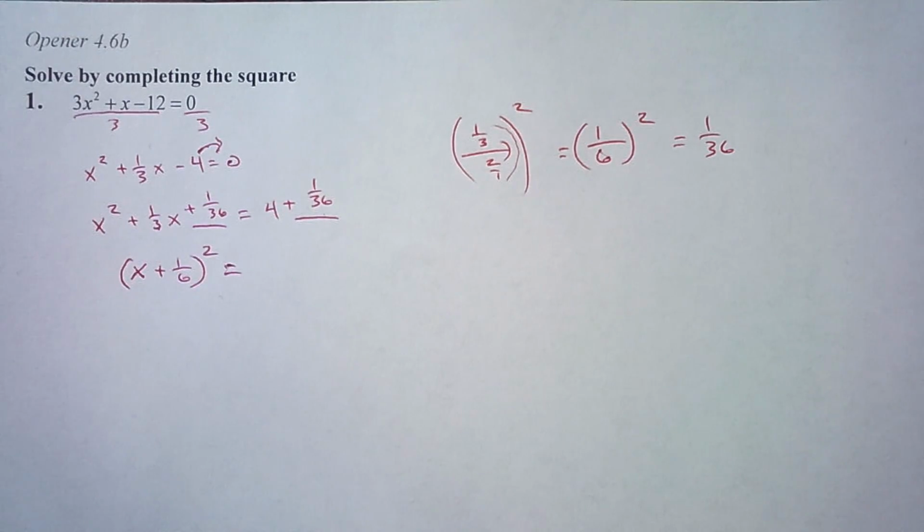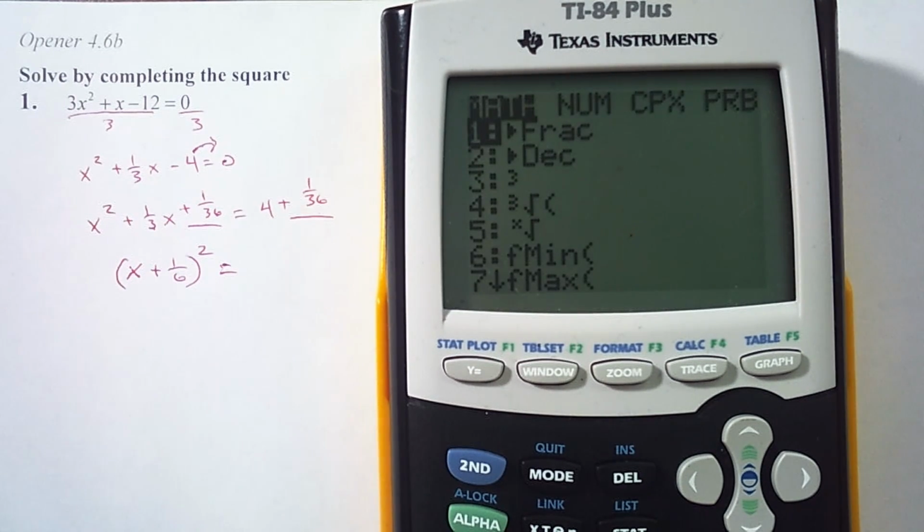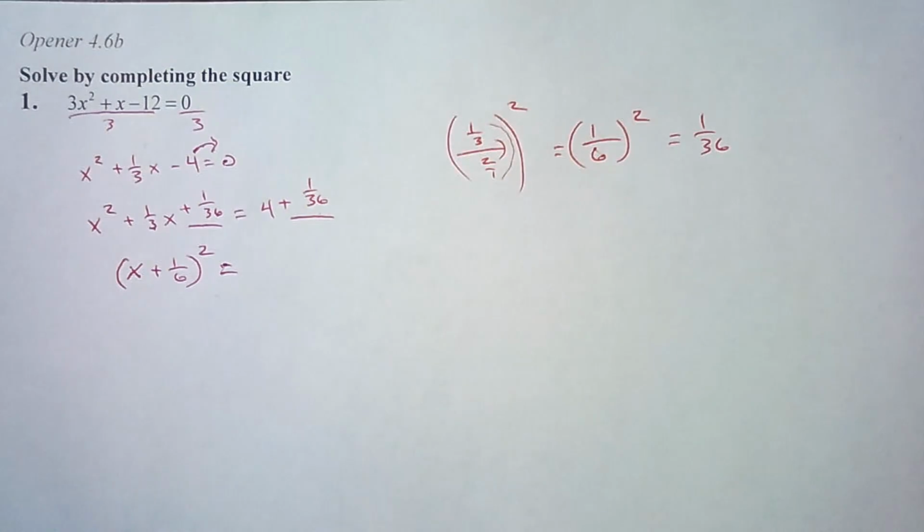Okay, then on the right side we have 4 plus 1 over 36. Okay, so there's our decimal. We hit the math key and then enter, and we get this fraction, 145 over 36.